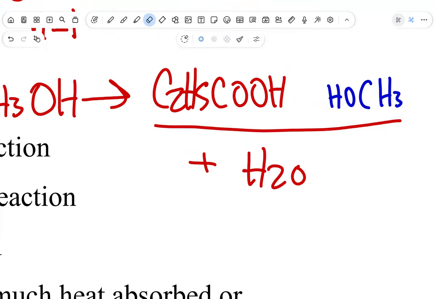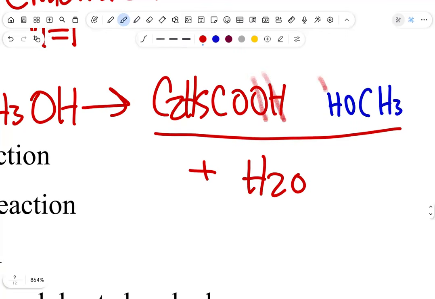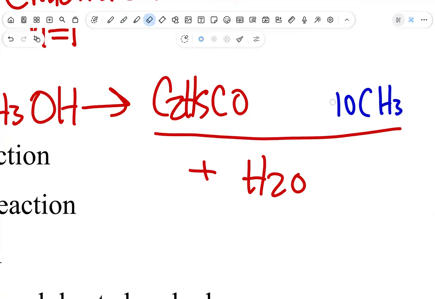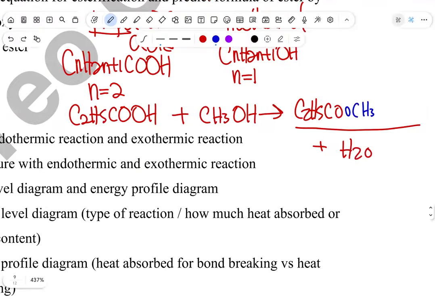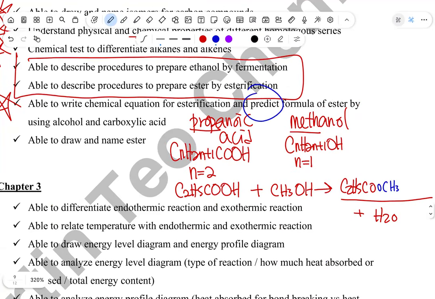So how to do the magic? Carboxylic acid throws away OH, alcohol throws away H. So OH and H, they produce the water here. So after you throw them away, now you join together. So this COO is your ester. So this is how you predict the ester. We predict ester, not memorize the ester.